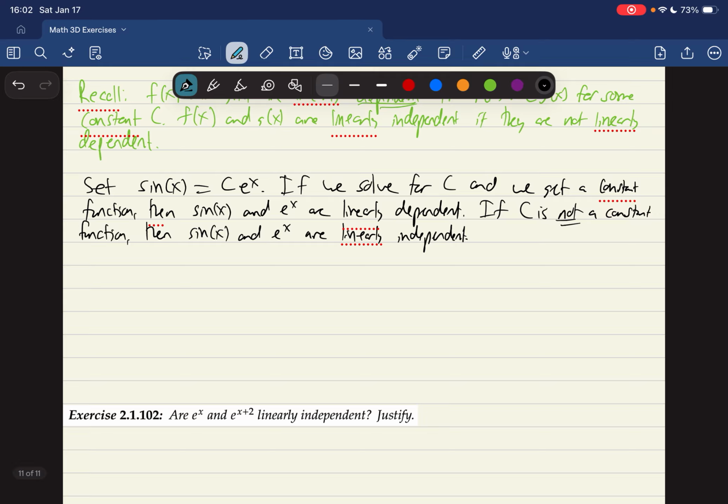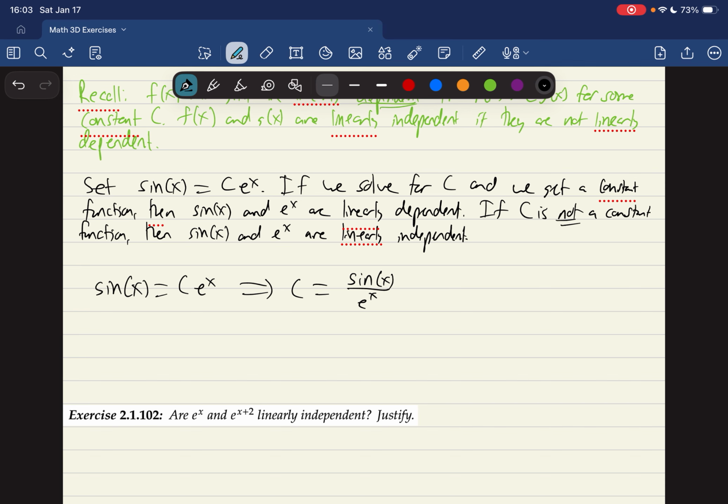And so the procedure for determining linear independence is simply taking sine of x, one of our functions, setting it equal to some c times the other function e to the x, and then solving for c. So c is sine of x all over e to the x.